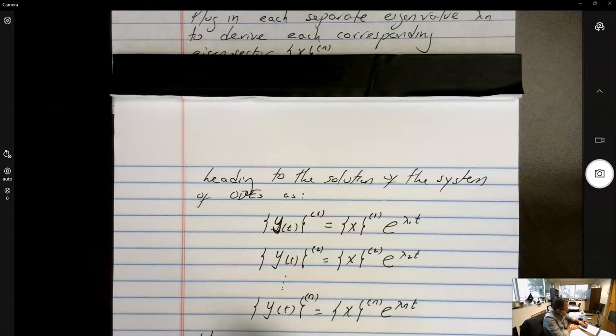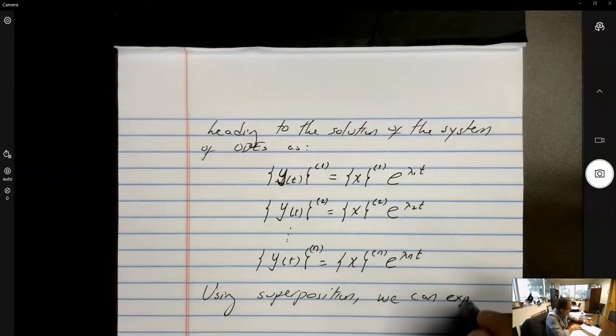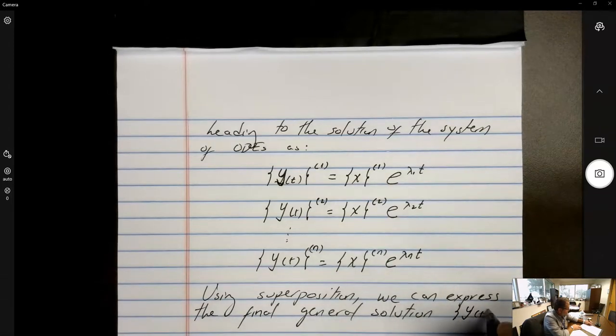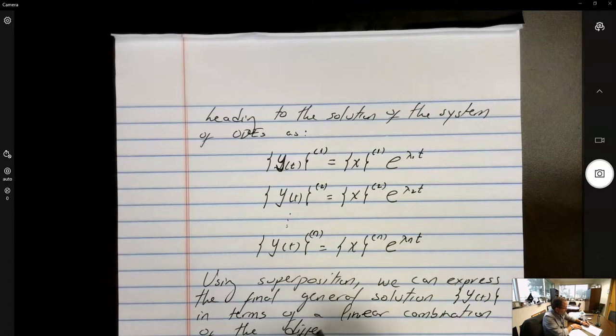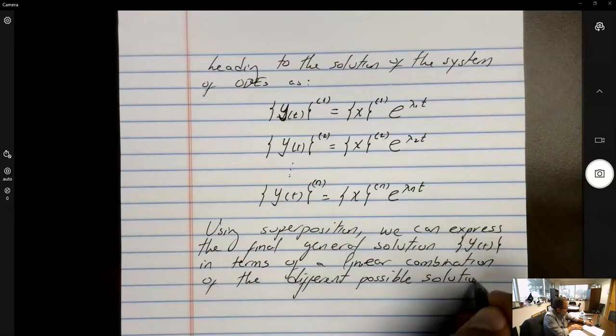So using superposition, we can express the final general solution y of t in terms of a linear combination of the different possible solutions above.